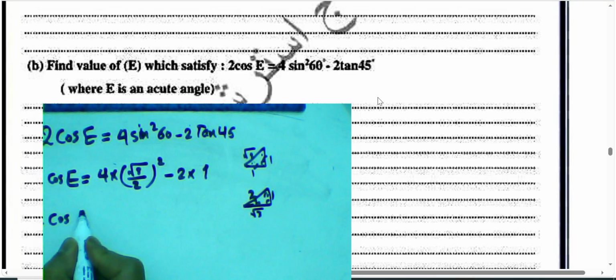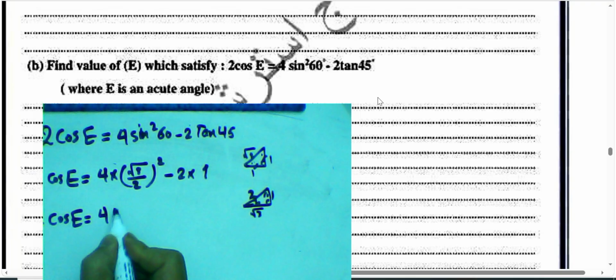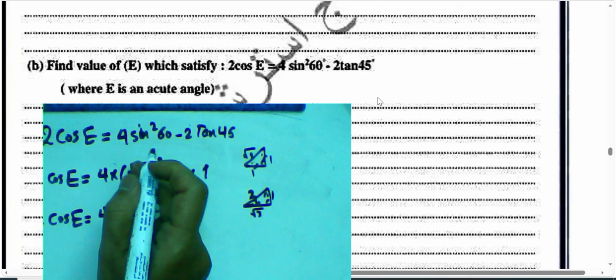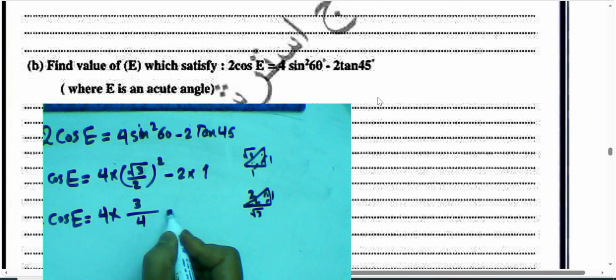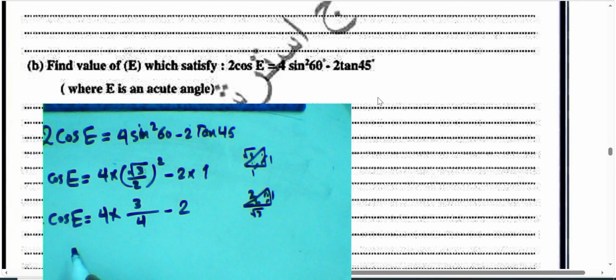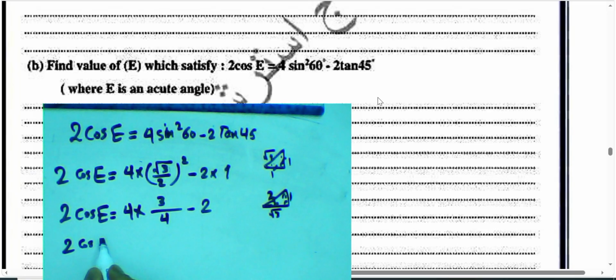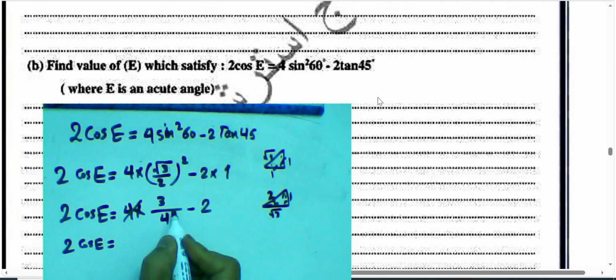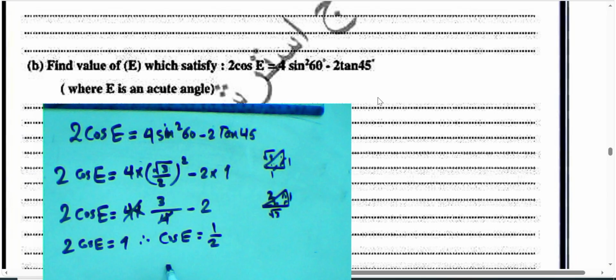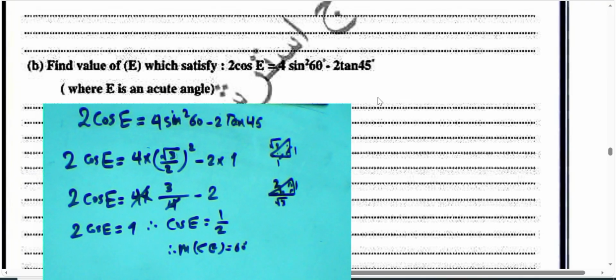Then we have 2 cosine e equivalent to 4 product by 3 over 4 subtract 2. Then 2 cosine e equivalent to 3 minus 2 equals 1. Then cosine e equivalent to 1 over 2. Then the measure of angle e equals shift cosine of 1 over 2, it will be 60 degrees. The measure of angle e will be 60 degrees.